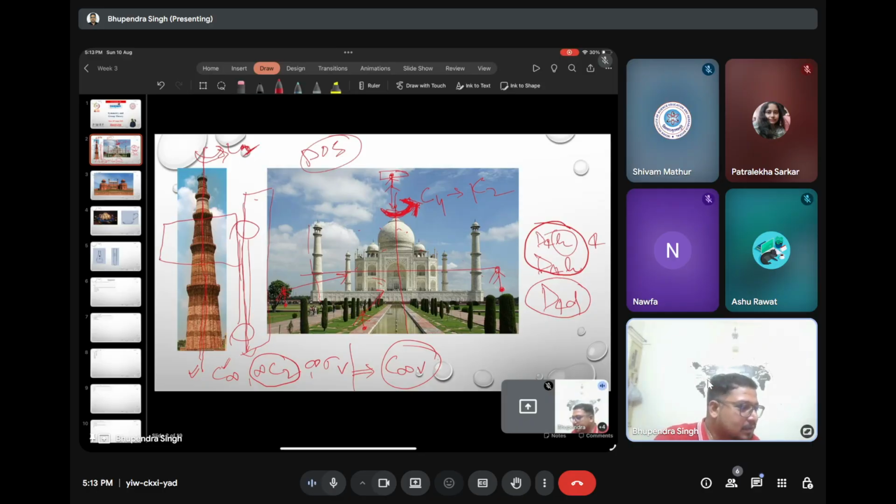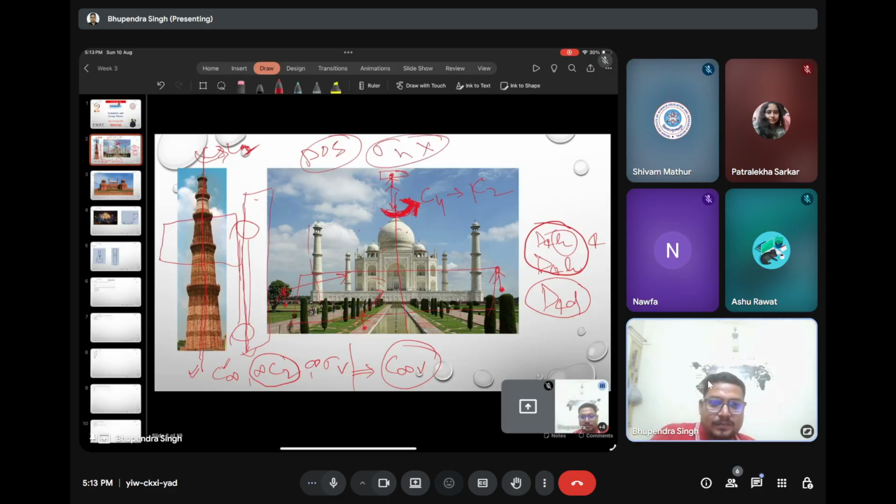Like this is your Taj Mahal, this is your C4, and this is your sigma H, right? If you apply this mirror operation, you will literally flip the Taj Mahal upside down. So there is no sigma H present, because this is your principal axis.